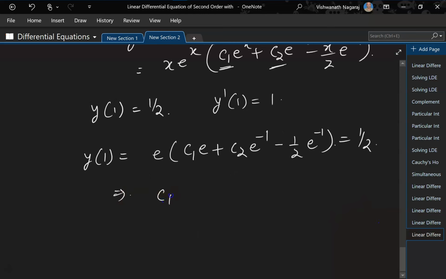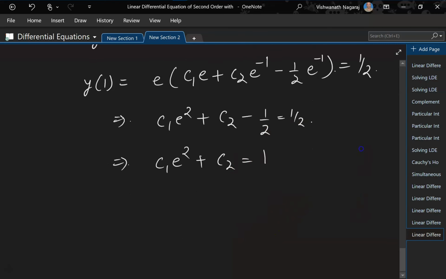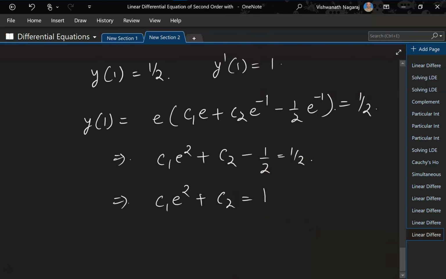Which implies c1 e² plus c2 e times e to the power of minus 1 is 1, minus half e times e to the power of minus 1 is 1, is equal to half. So which implies c1 e² plus c2 is equal to half plus half, which is 1. So this is one equation.